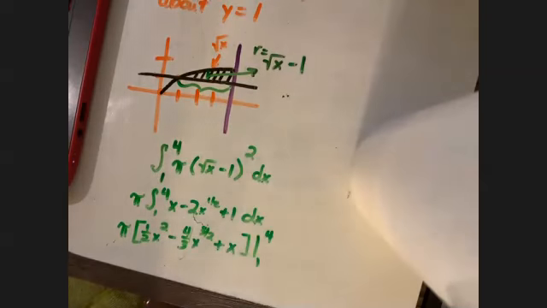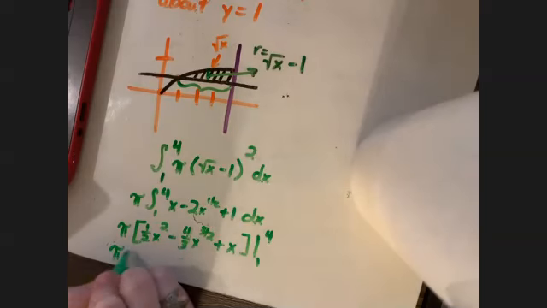Now I'll use the calculator to help me out. I'm going to do the 4 part of this: half of 4 squared minus 4/3 times 4 to the 3/2 plus 4.